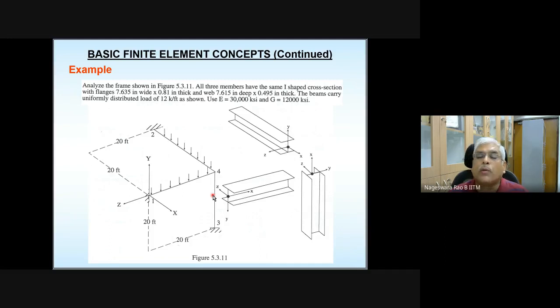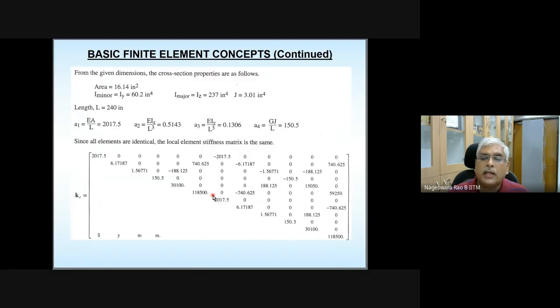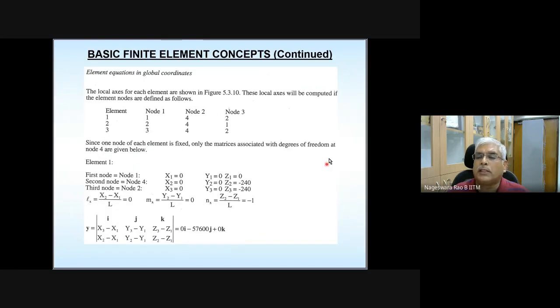So in the local coordinate system, the element equations are going to be the same. Since all elements are identical, the local stiffness matrix is the same for all elements, and that is what this is. And now going to each of the elements.